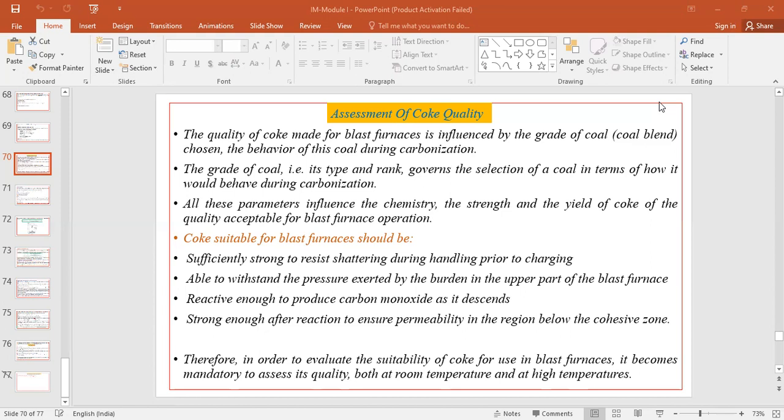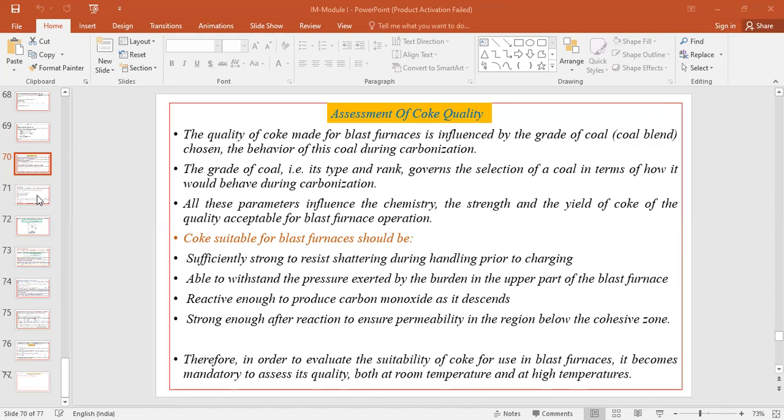These are some of the qualities the coke should have before we subject it to the blast furnace. So today we are going to discuss the various tests which we do on the coke to evaluate its quality.